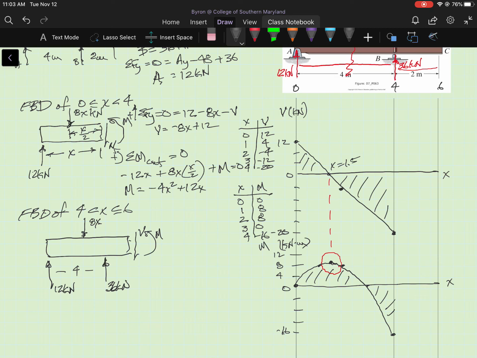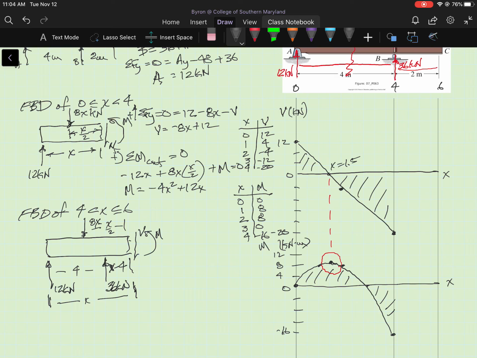Okay, and the distance from the left end of the beam, x equals 0, to the cut is always going to be x when we're using this process, which makes the distributed load resultant x over 2 from the cut, and the 36 kilonewton force is going to be x minus 4.